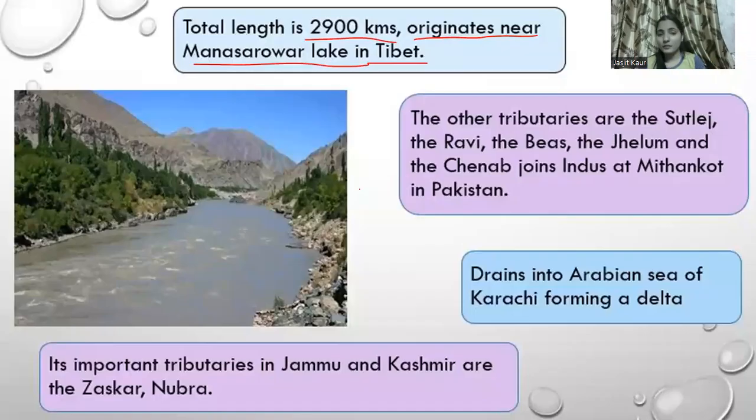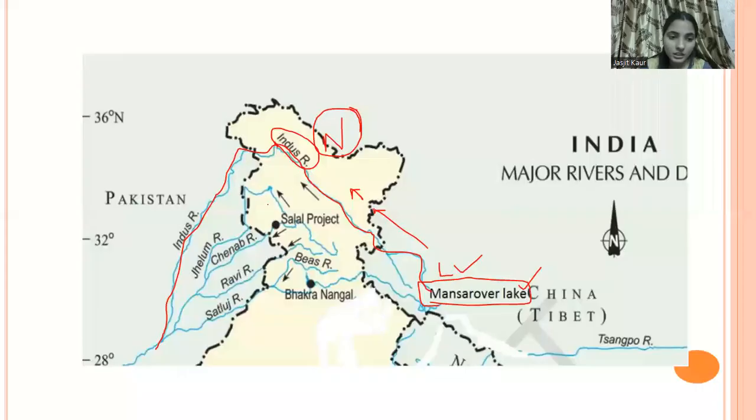Apart from this, the other tributaries of the Indus River are the Satluj, Ravi, Beas, Jhelum, and Chenab, which join the Indus at Mithankot in Pakistan. So these are the Jhelum, Chenab, Ravi, and Satluj. These tributaries are located in Pakistan.